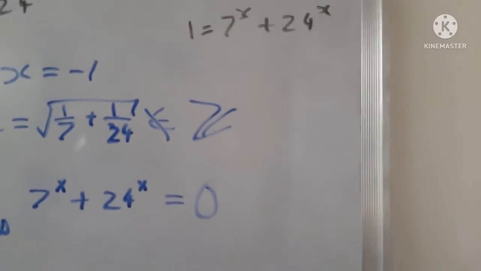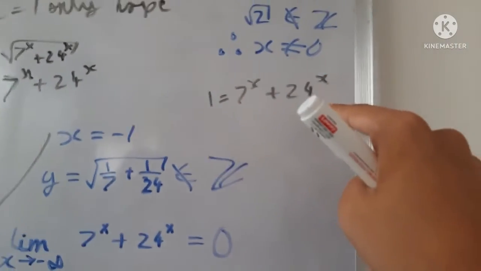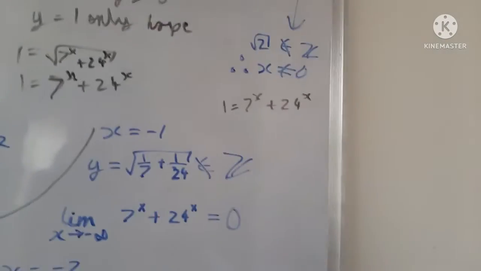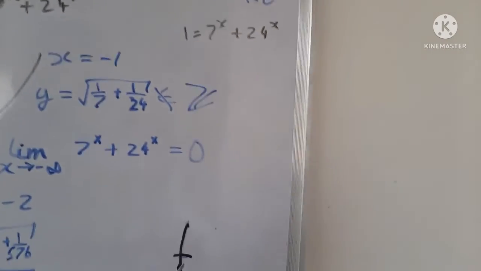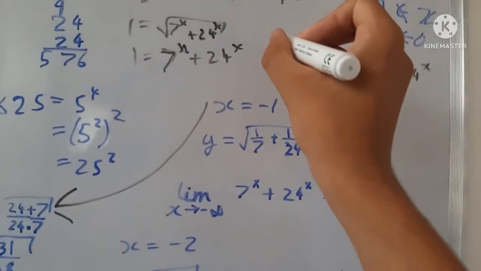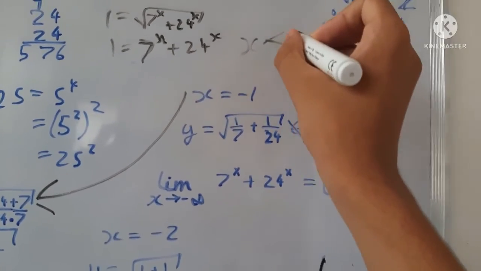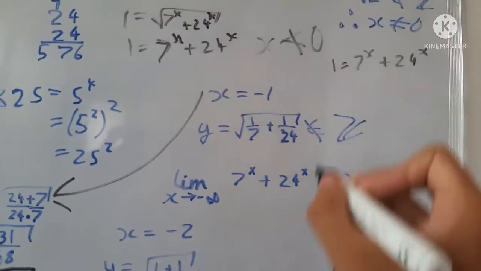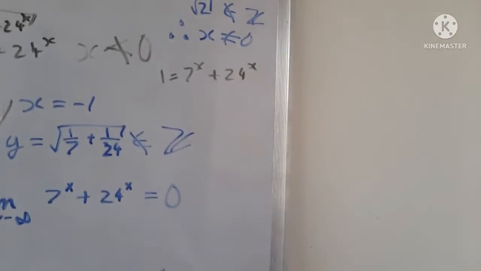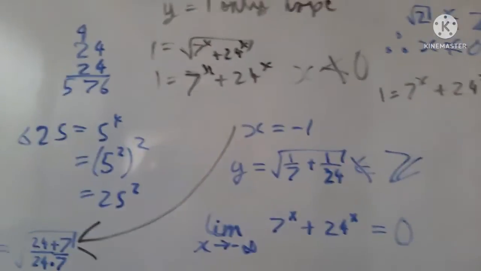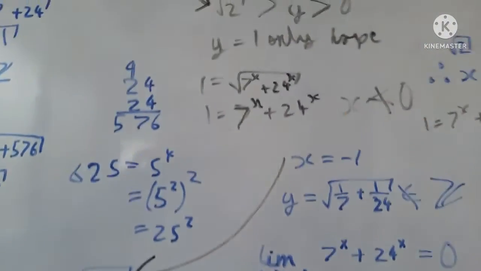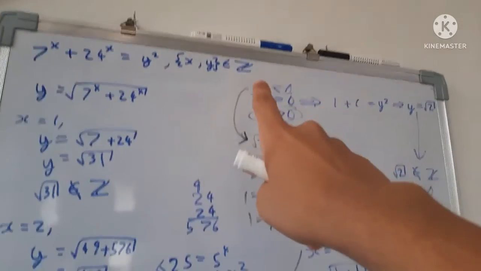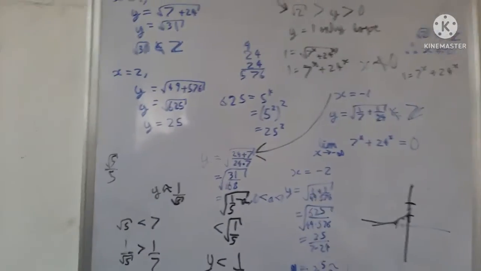Oh yeah, which is not possible because x has to be an integer. Nope. So x cannot be less than 0. I don't know if that's how you write it. So x has to be greater than 0. That's the only possibility. We have conclusively proved that, right?